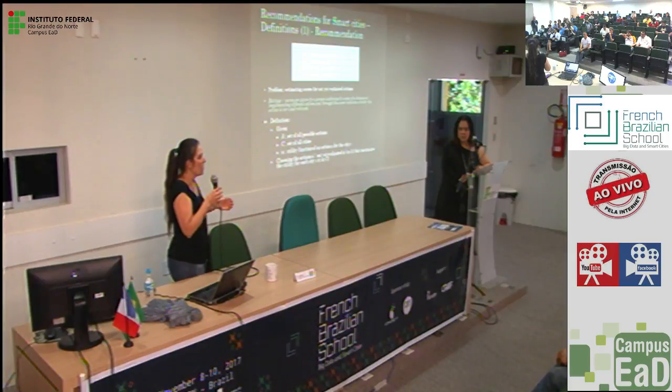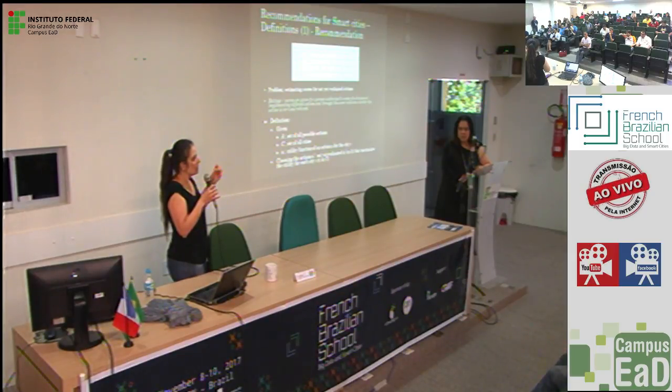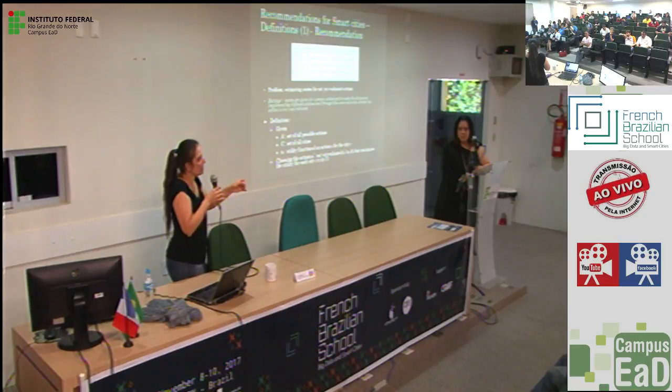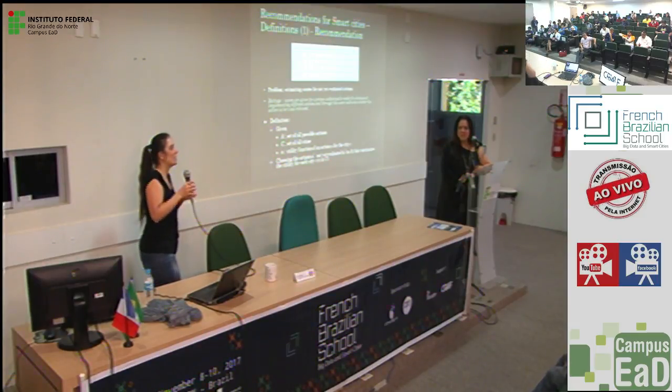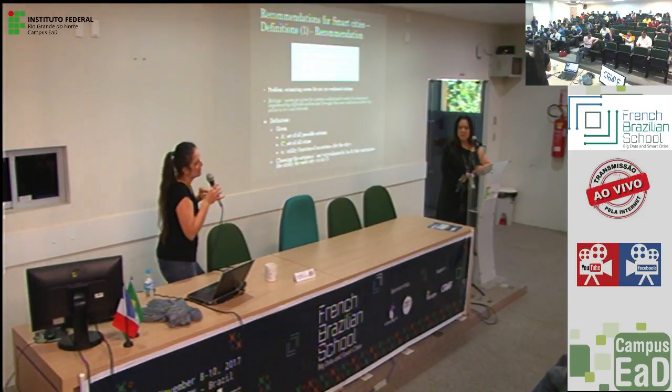Because the technology is implemented in buildings and transport, with sensors and so on, I think this is the first step. We can start by that because we already have the possibility to obtain the data. But it's just my point of view. I'm not sure that a policymaker will agree with me.